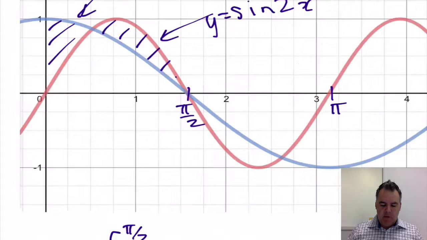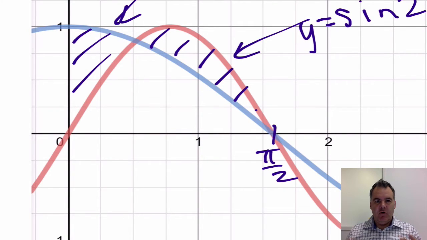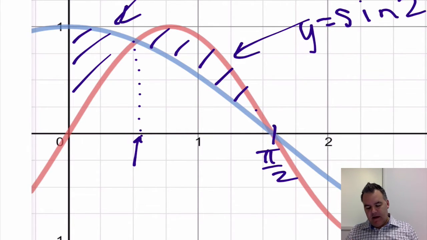Now, remember, you've got to do this right. If you were to do this without a calculator, you would have to work out cos of x minus sine of 2x between this point here and 0, which will give you a positive answer. And then work out the integral from pi over 2 to this point here with sine 2x minus cos x.